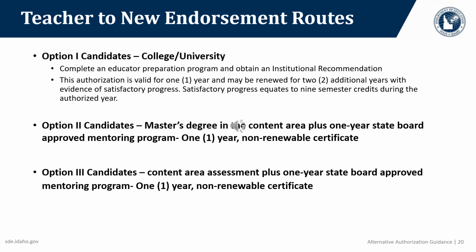A past Praxis, the rubric, or holding a baccalaureate degree in the content area may be used for option 3. Option 3 may also be used for ABCTE assessments, in addition to completing the 1-year state board-approved mentoring program. If using the ABCTE route for option 3, include proof of enrollment.